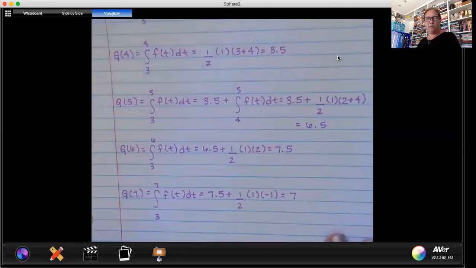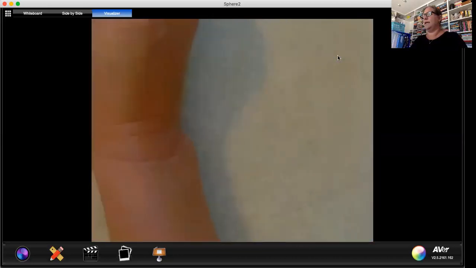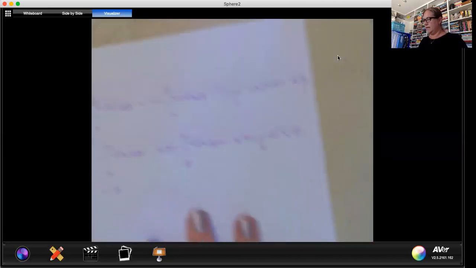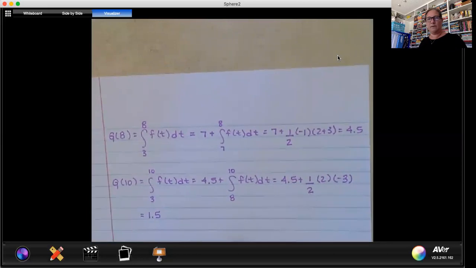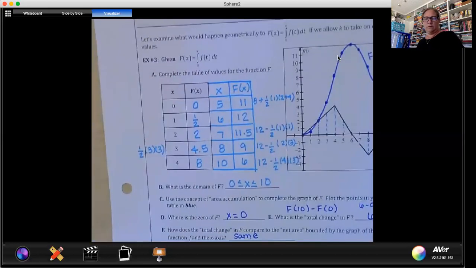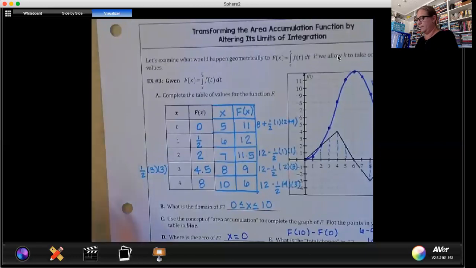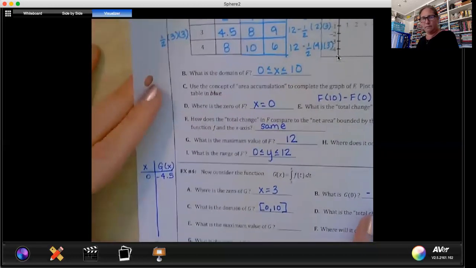Six is 7.5, 7 is 7, 8 is 4.5, and 10 is 1.5. So you may want to make a note of those, pause your video, and we're going to fill in our chart. So we have 0, negative 4.5.